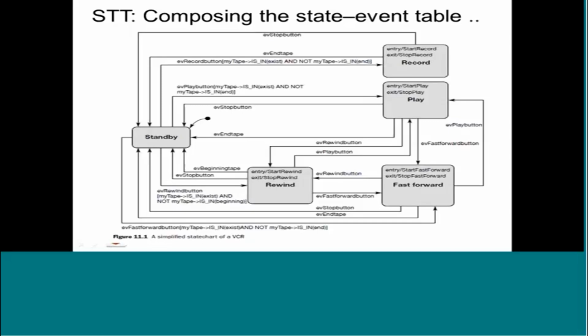Similarly, between play and fast forward, we have an event called fast forward button pressed in the play condition. So it will go to fast forward, and once the fast forward button is pressed again, or the play, this will keep on happening. This is the continuous behavior we have seen.